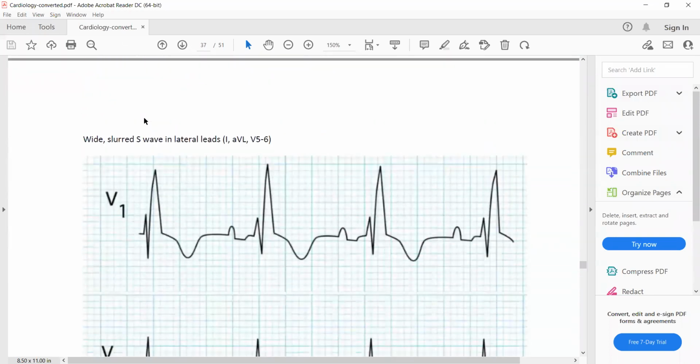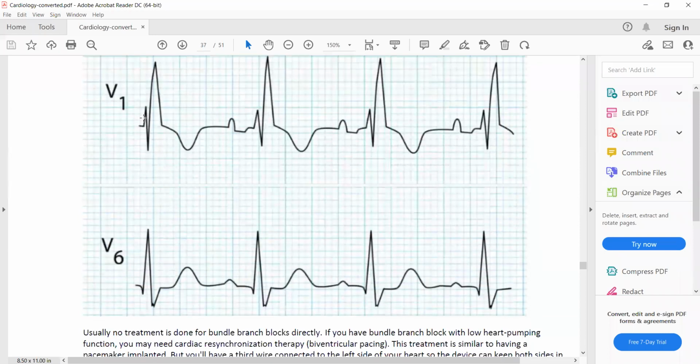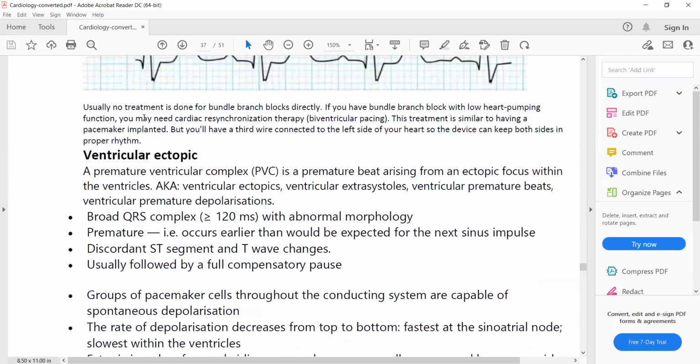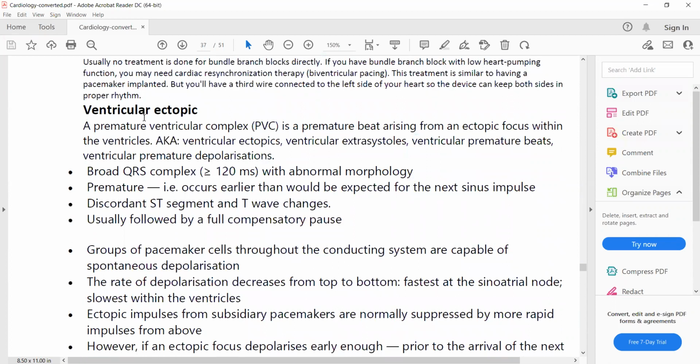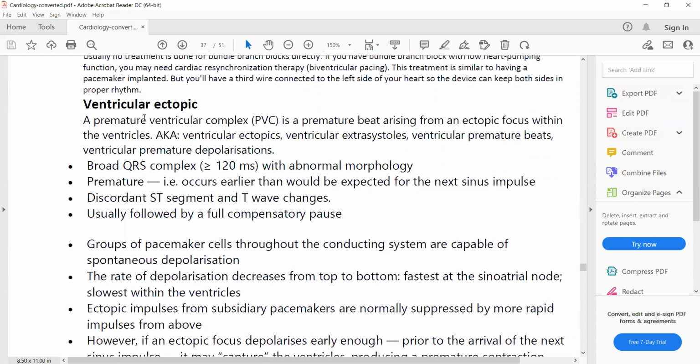Broad QRS complex with RSR pattern in V1, right bundle branch block. Again, ventricular ectopics also produce broad QRS complex on ECG. So basically, all of these topics are related to broad QRS complex on ECG.